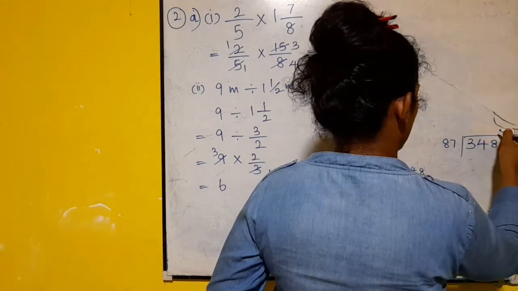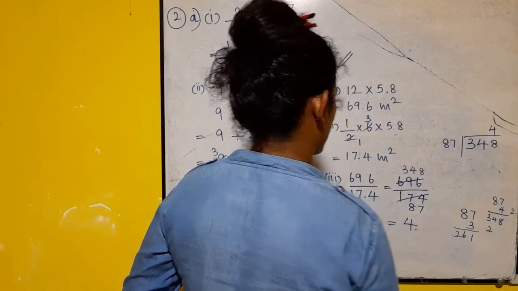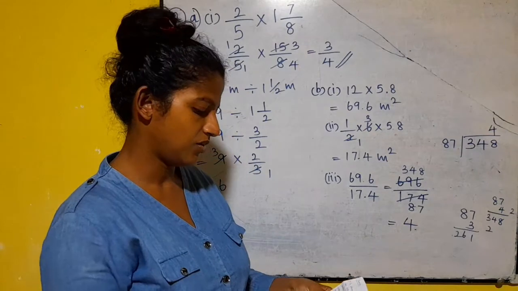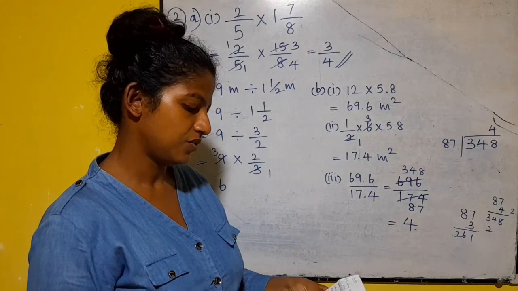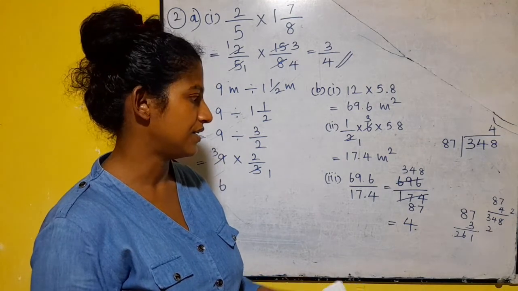Yes, 87 times 4. So this is the answer: the lawn area is 4 times larger than the turfed area. That is the answer.